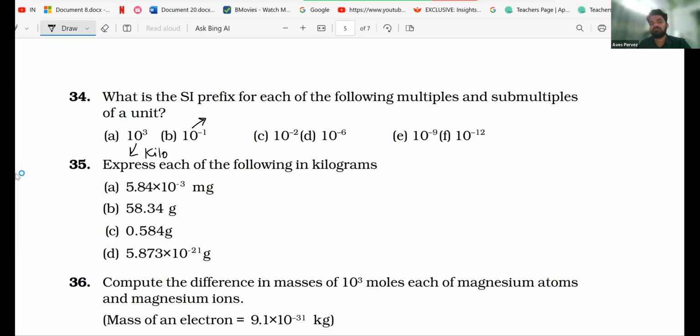Tell me. 10 raised to the power 2, 10 raised to the power minus 6, 10 raised to the power minus 12. This is picometer. This is nanometer. This is micrometer. Let it be. It's not so important.